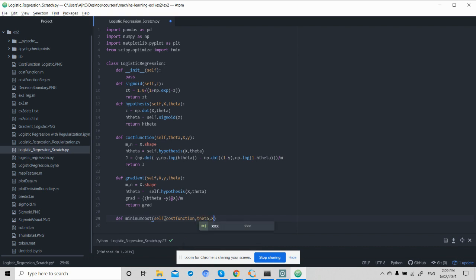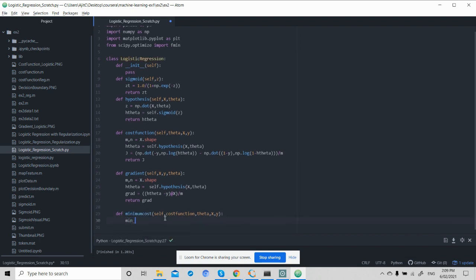Theta, x, y, fmin, and our function is this one, cost function, self dot function.